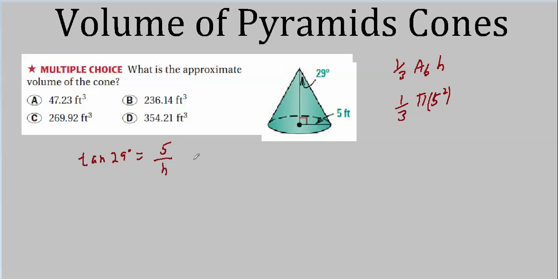Well, we multiply through by h, divide through by the tangent of 29 degrees, and we get that h, if we want to do it this way, equals 5 over the tangent of 29 degrees. We can get an answer for this, or we can just stick it in over here.